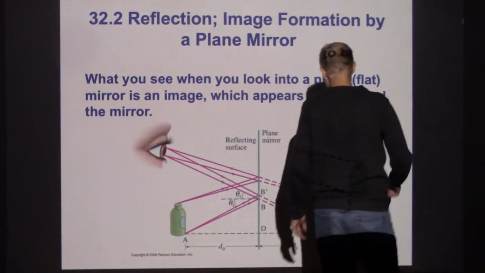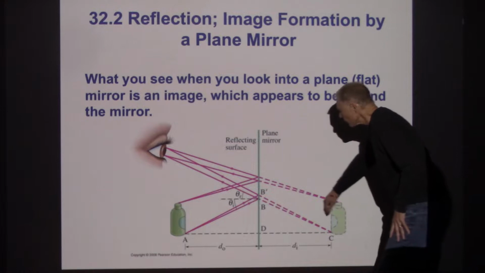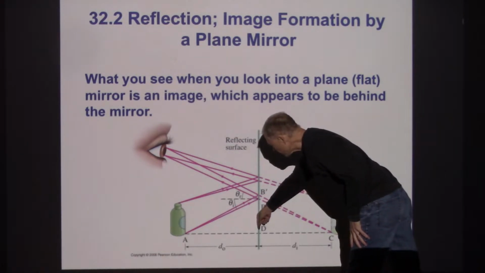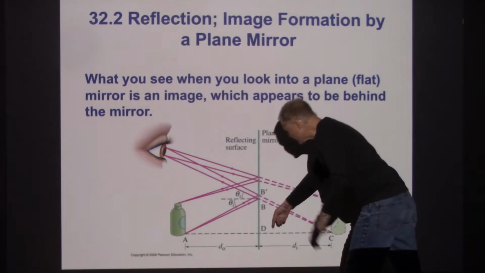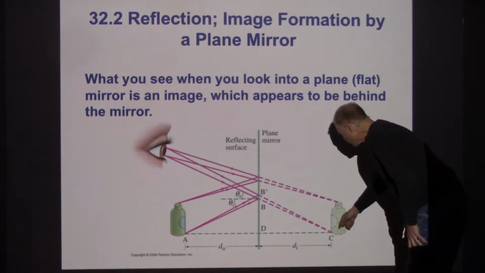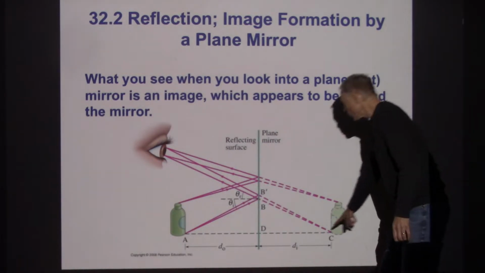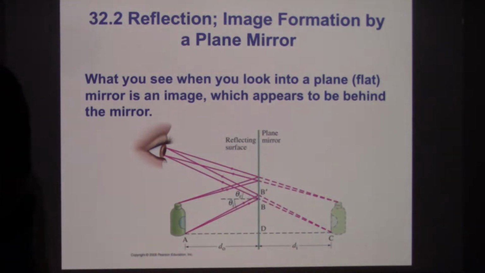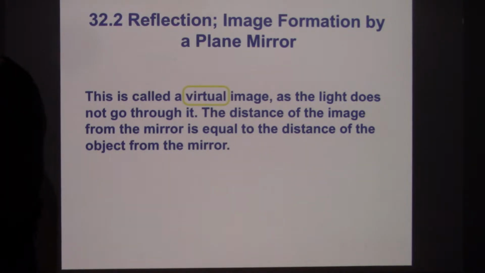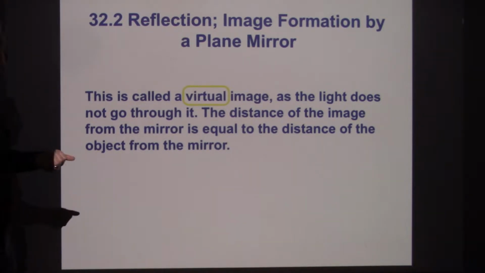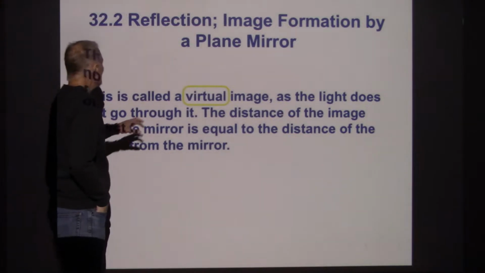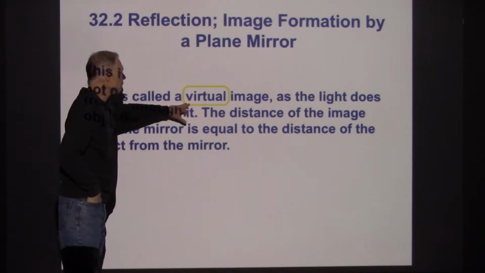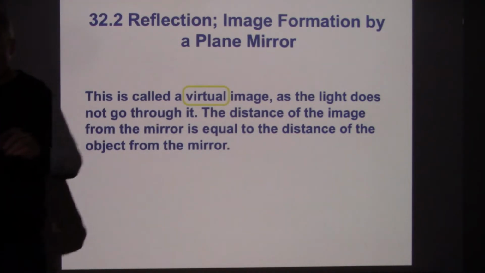And then the image, the measured distance from the plane of the mirror itself, the surface, out to where the image is located, we're going to call that the image distance. So those are our first two definitions here, object and image distances. Now, the image, in this case, is referred to as a virtual image. Let's go back and take a look at that.